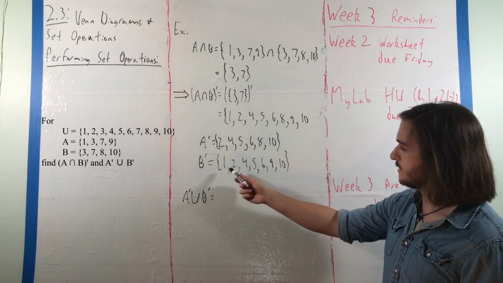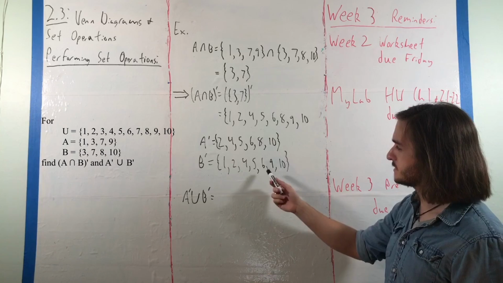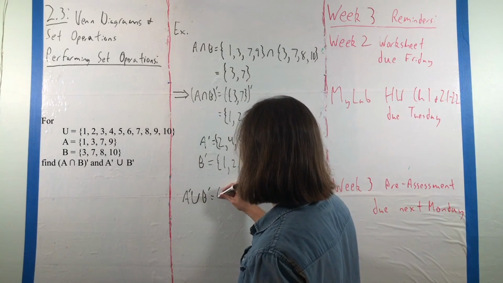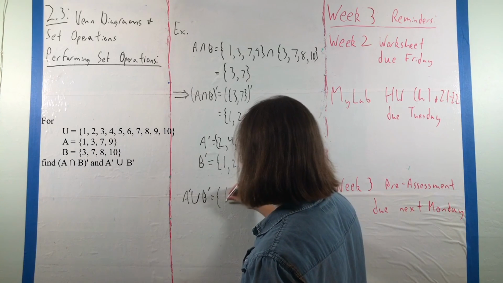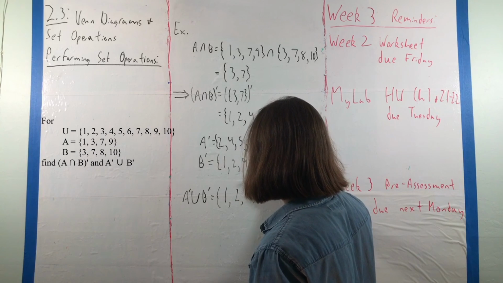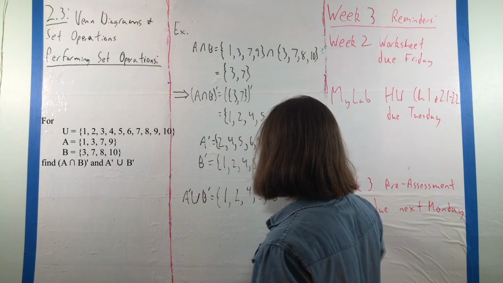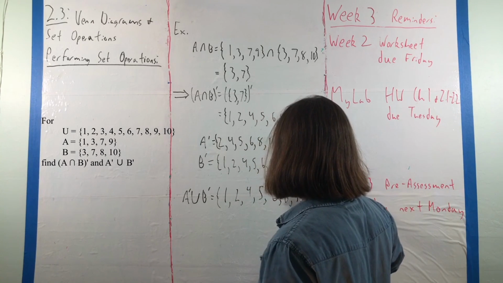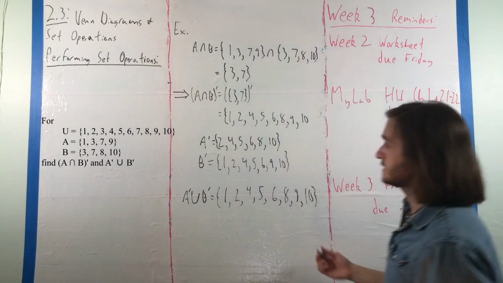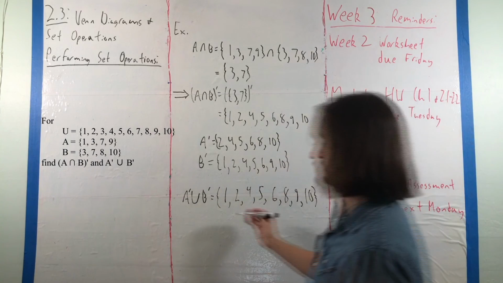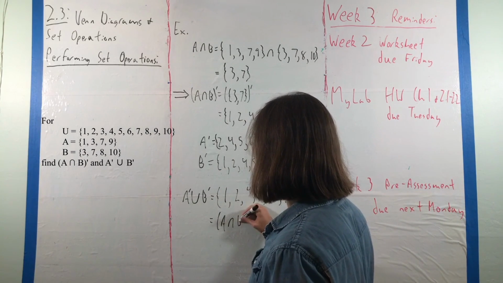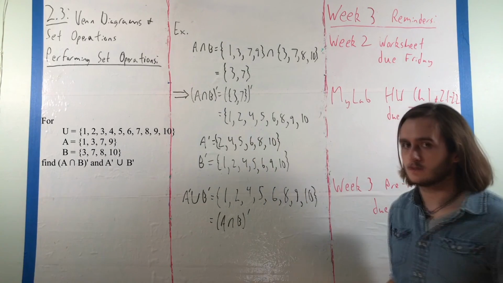We've got {1, 2, 4, 5, 6, 8, 9, 10}, which incidentally is the same as that right there. This is the same as (A intersect B) complement.